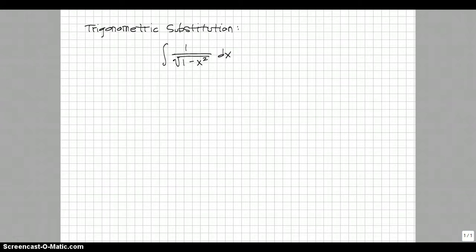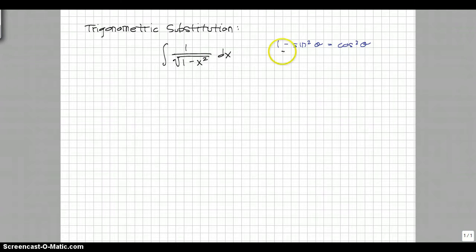So let's just jot down the Pythagorean identities that we are going to use. The first one, in the form that we'll use it, is going to be 1 minus sine squared theta is equal to cosine squared theta.